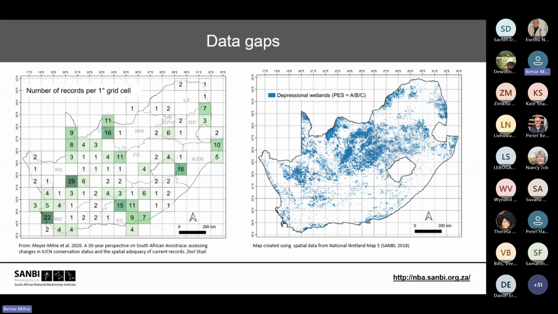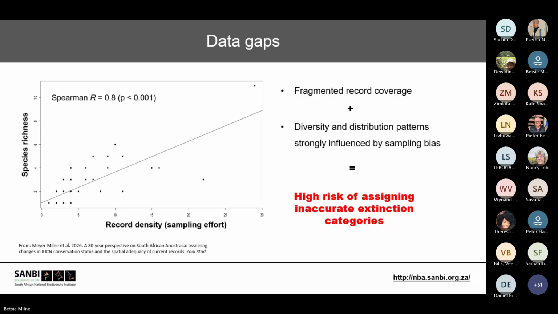Just looking at depressional wetlands, you can see that there's still a very large opportunity to do more sampling and to gather more data, especially for the Northwest, Free State, Limpopo, and Mpumalanga provinces.